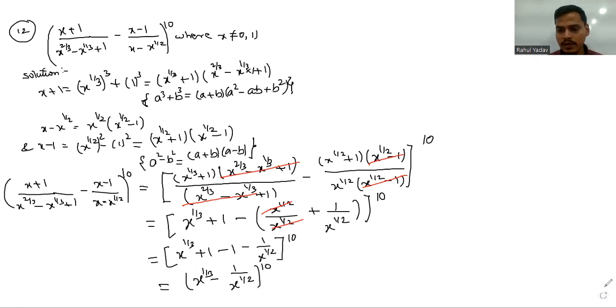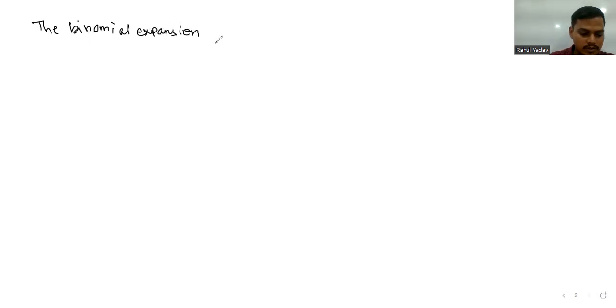Student, as you see, this binomial expansion is of the negative, that is x minus 1, since the binomial expansion is of the form a minus b power n.